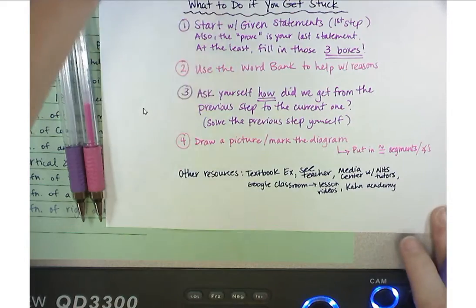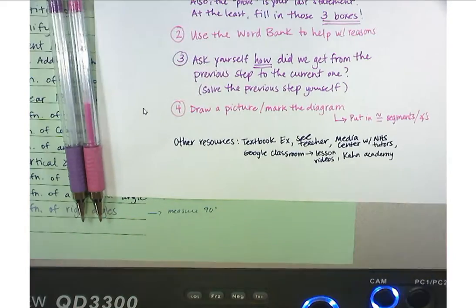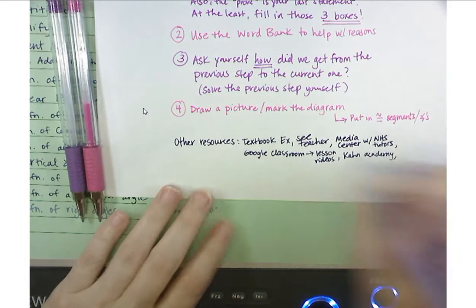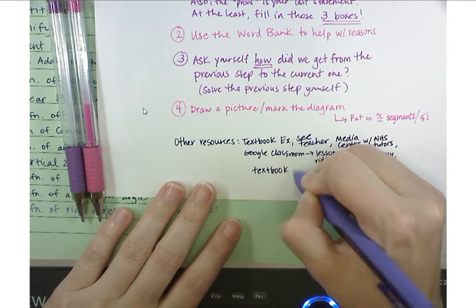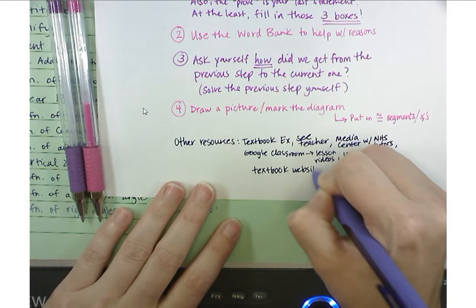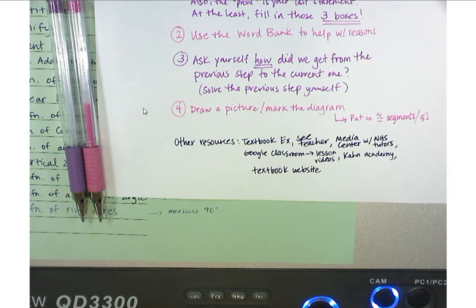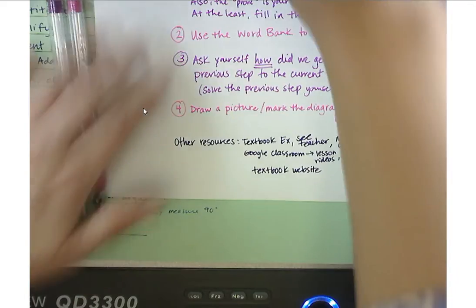So sometimes just watching how to do another proof can help you with those skills. And then your textbook website is actually pretty good too. They have extra practice, some interactive practice that can be really useful. And then it's a little bit more fun because it's not like you're writing it down. Those are all some excellent things to do.